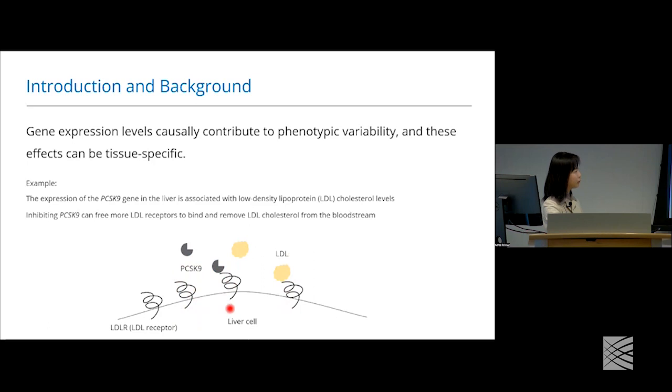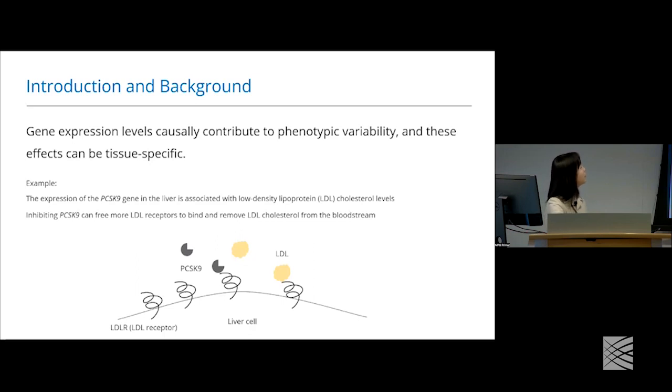And when it binds with the receptor, the receptor can no longer bind with LDL cholesterol. So that will result in an increased level of LDL cholesterol in the blood. So there's a group of medications which inhibit the expression levels of PCSK9 gene so that it can free more LDL receptors for it to bind and remove LDL cholesterol from the blood.